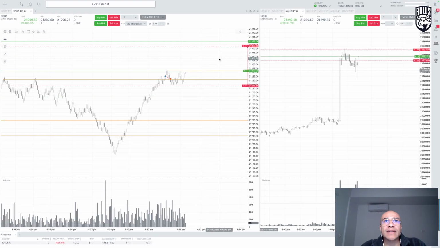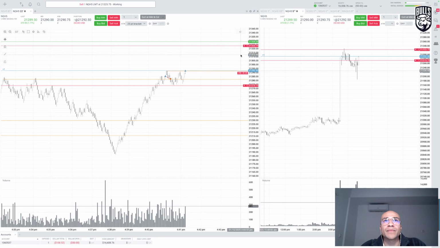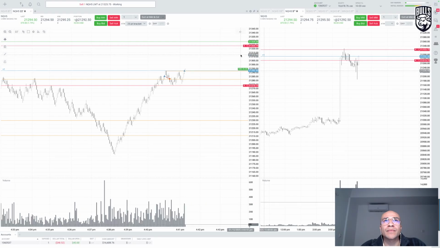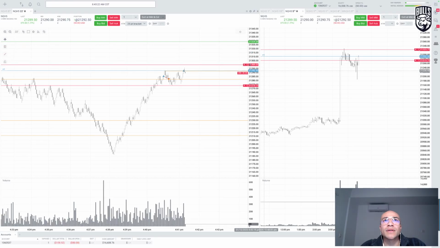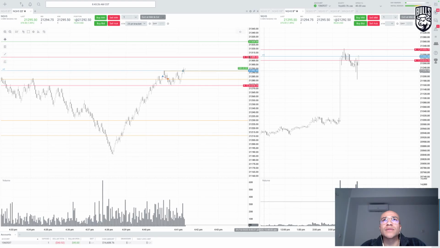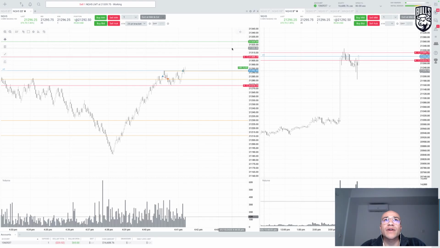So I would be taking a second attempt with a break through 92. Quick scalp into 10 or 309. That's where I would place my take profit right now.